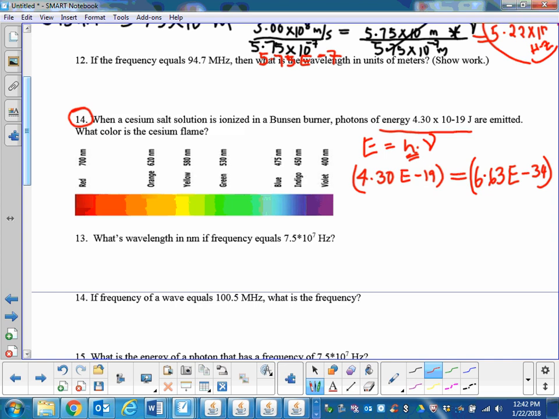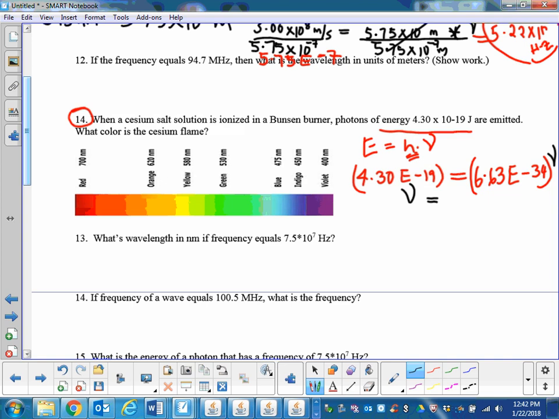What can you solve for? Can you solve for frequency? What is the value of frequency here? What do you do on both sides? Divide by Planck's constant, correct?